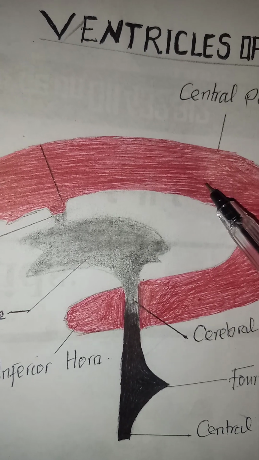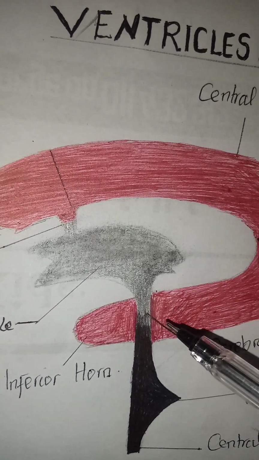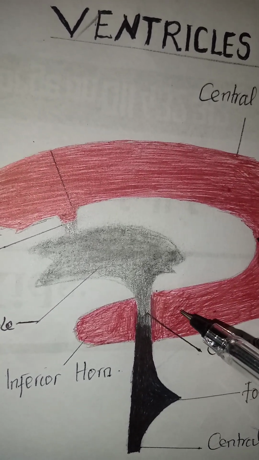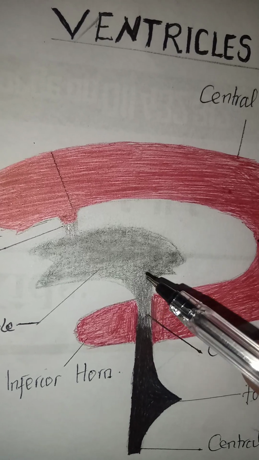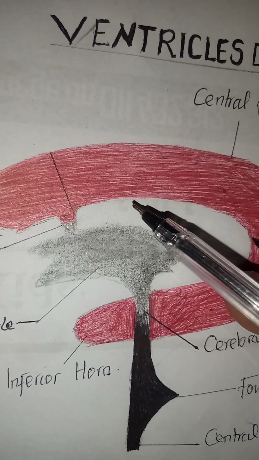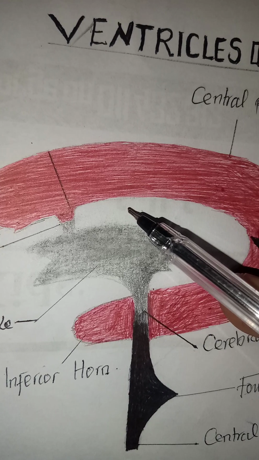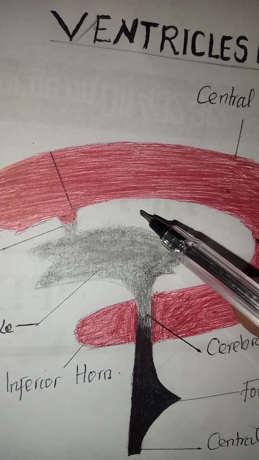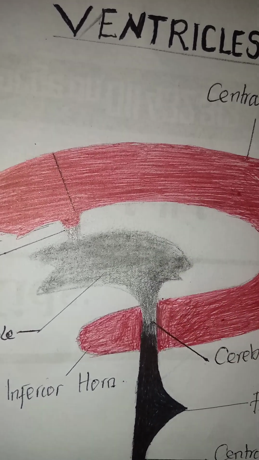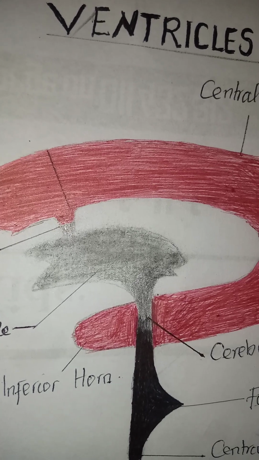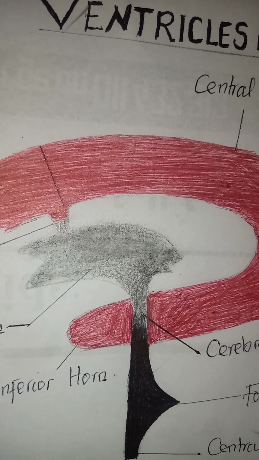These two ventricles are separated from each other by the septum pellucidum. So the septum pellucidum separates the two lateral ventricles from each other.